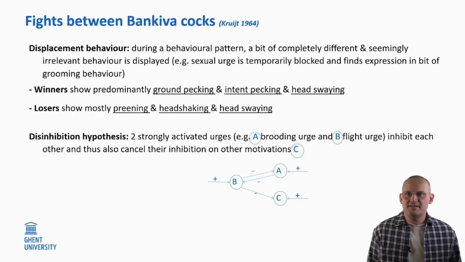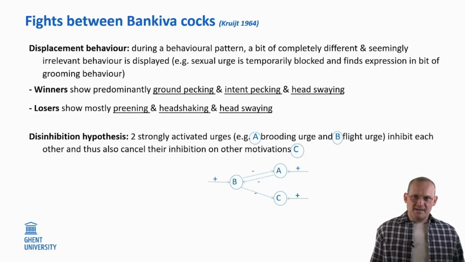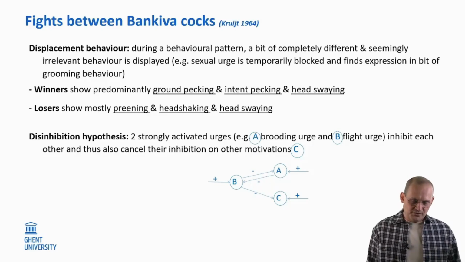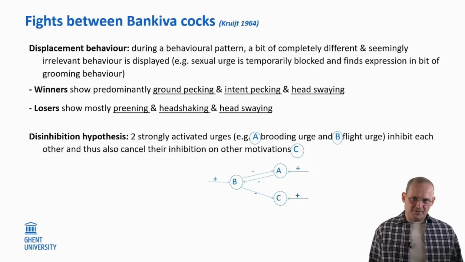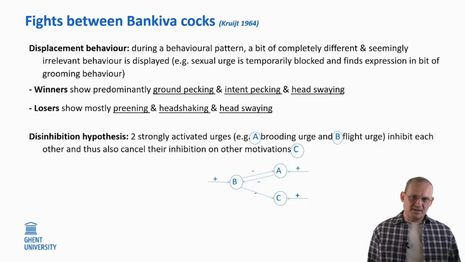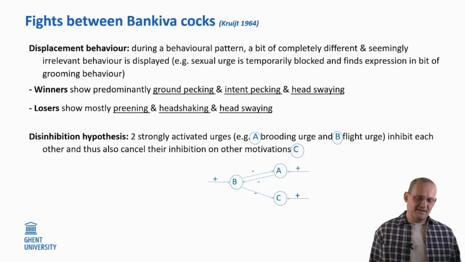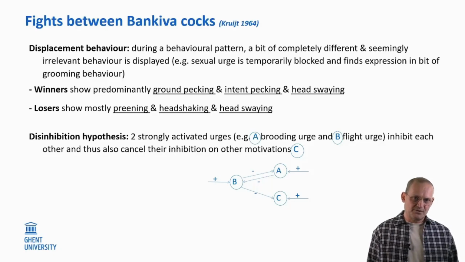How do we explain displacement behaviors? It is not well understood, but one likely hypothesis is the disinhibition hypothesis. This hypothesis states that if there are two strongly activated behavioral urges, such as behavior A, a brooding urge, and B, a flight urge, they inhibit each other.